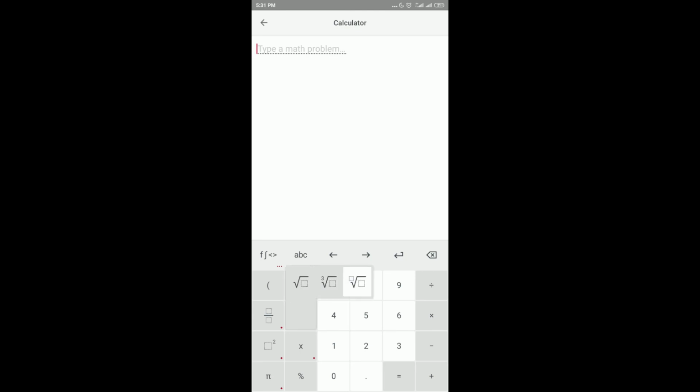If you press it longer, you have another option. For example, here there are only square and cube. If you want a power of a bigger number, you press this third box and then you type the number you want and the power. You can put as many as you want.